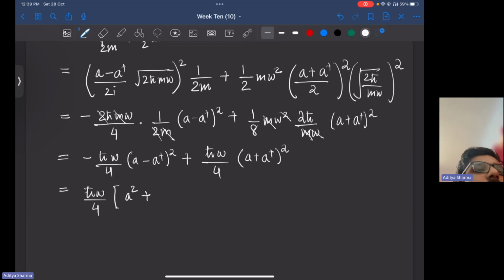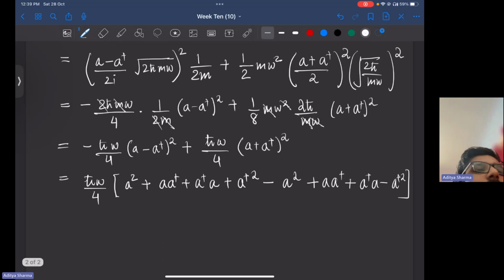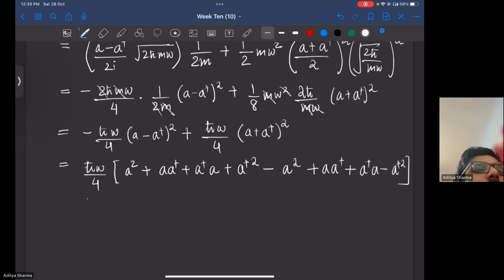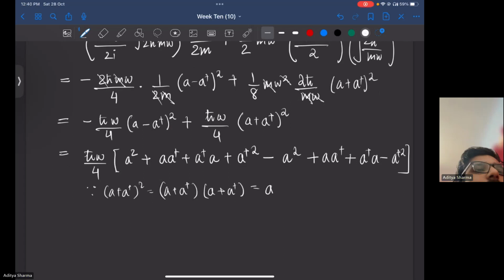a squared plus a dagger a plus a a dagger plus a dagger squared, minus a squared plus a dagger a plus a a dagger minus a dagger squared.